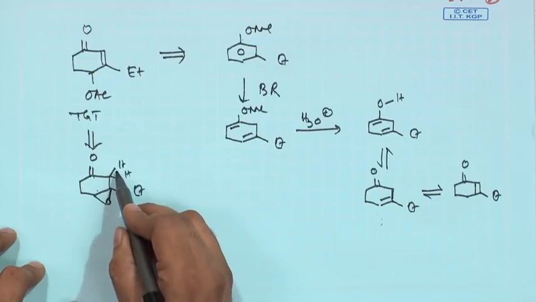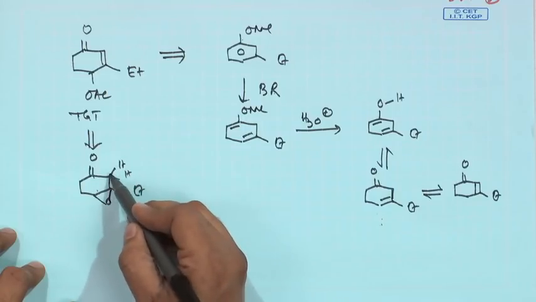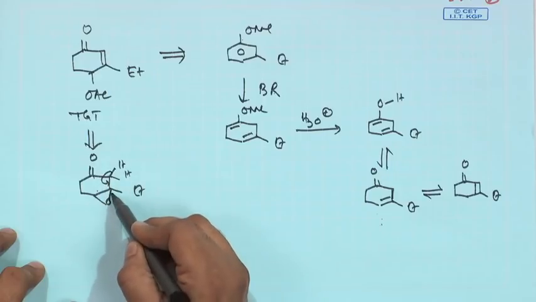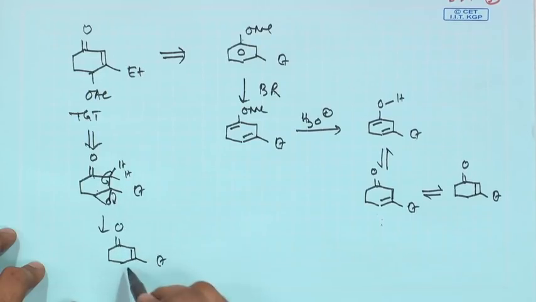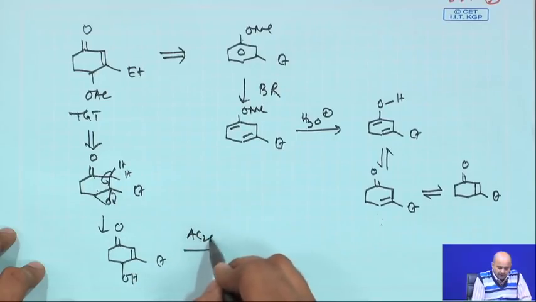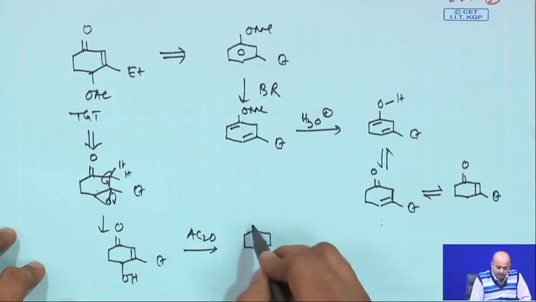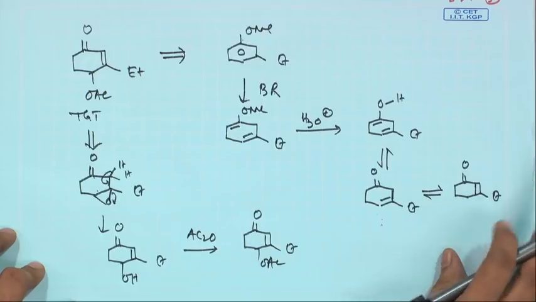If this hydrogen is picked up by this base, you can generate a carbanion and that can open up this epoxide to give you ethyl and OH, which can now be converted to the corresponding acetate by treating with acetic anhydride. So, your entire pathway will now be formulated this way.